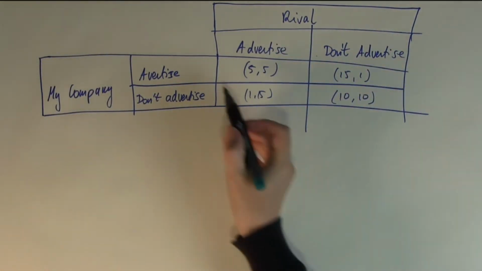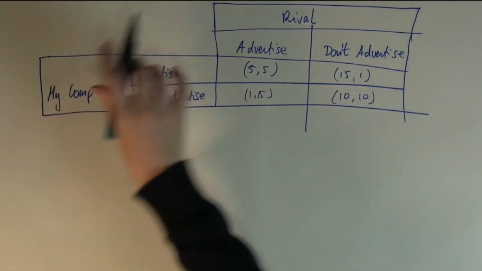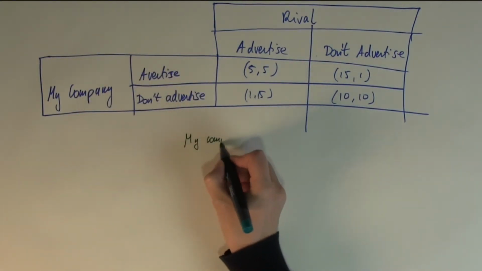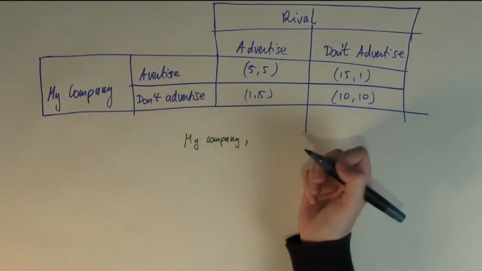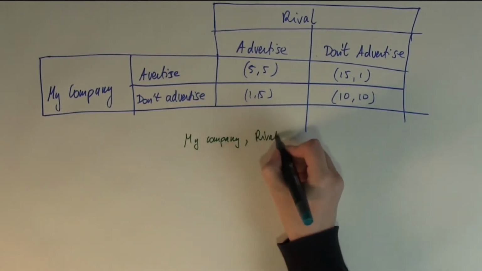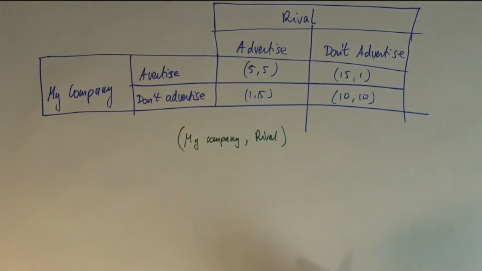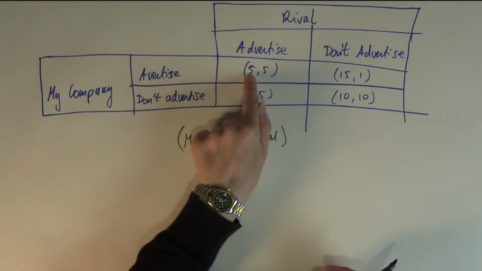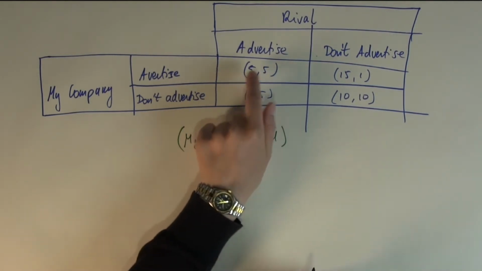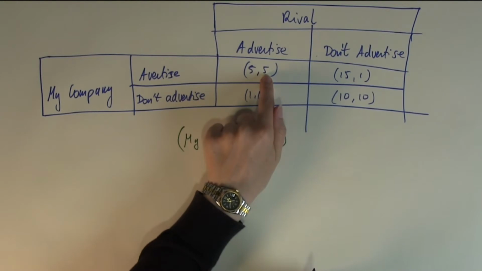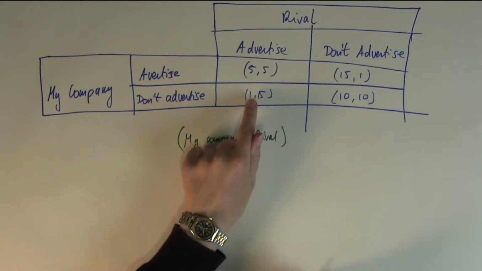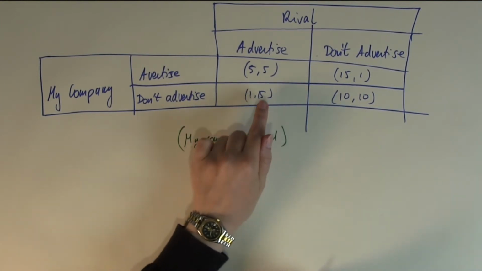So basically, in this table, for this particular scenario, the first number is always my company, and the second number is always the rival company. So it means that in this particular scenario, I earn 5 million, let's say, and my rival also earns 5 million. But in this scenario, I earn 1 million while my rival earns 15 million.